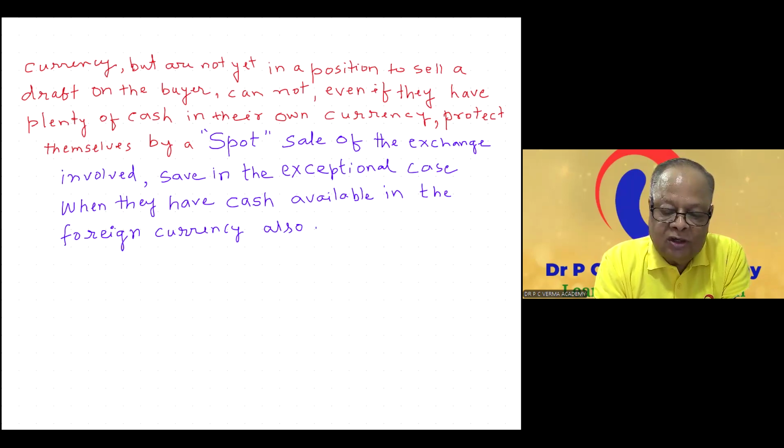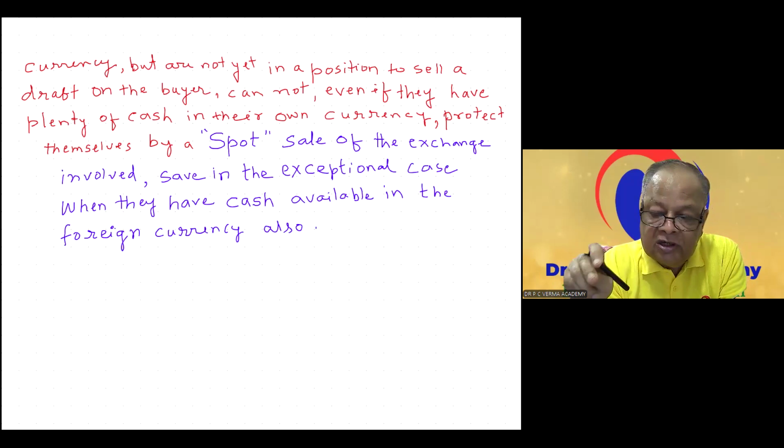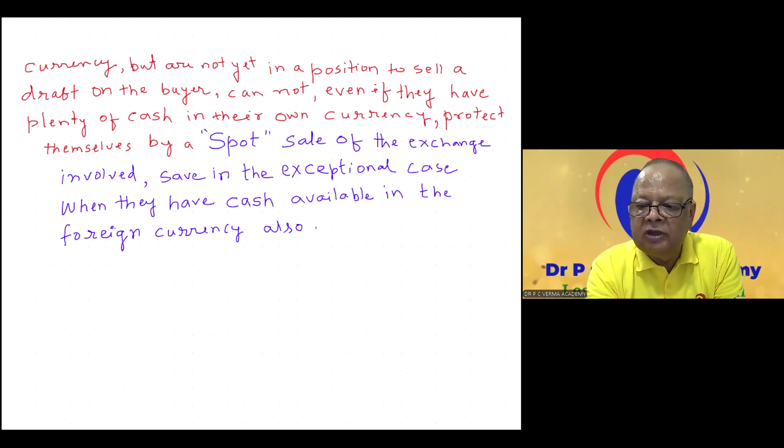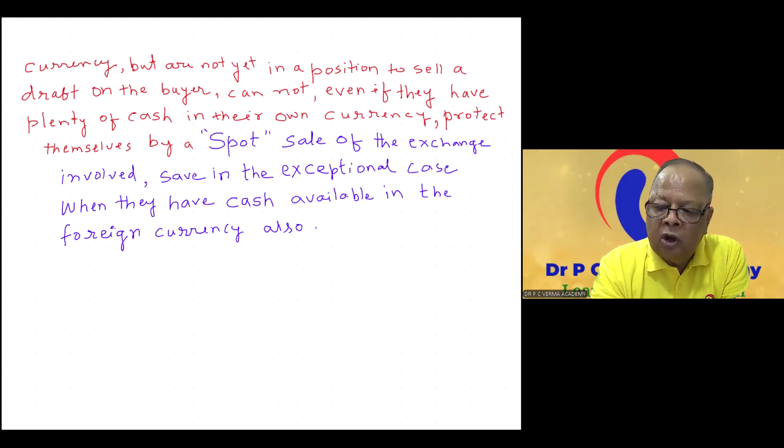When the 50 days are completed, your forward contract converts into a spot transaction, in which you pay the foreign currency to get delivery of your commodities, say oil, fertilizer, or military equipment which you have ordered. It will take time to produce.